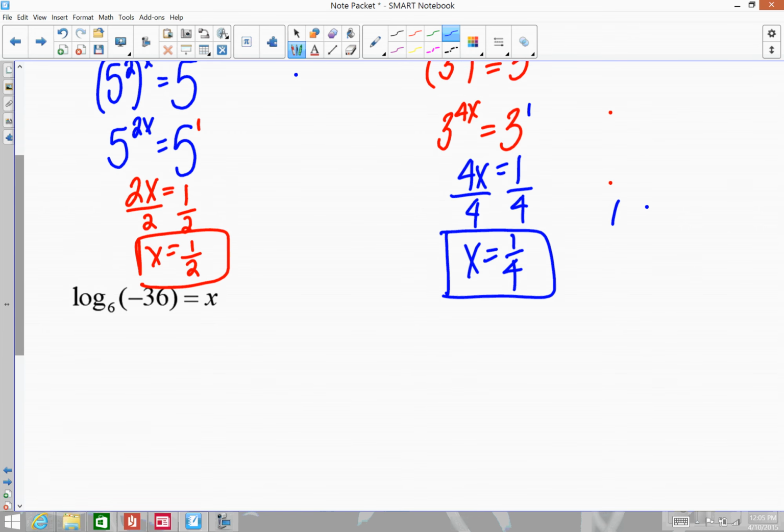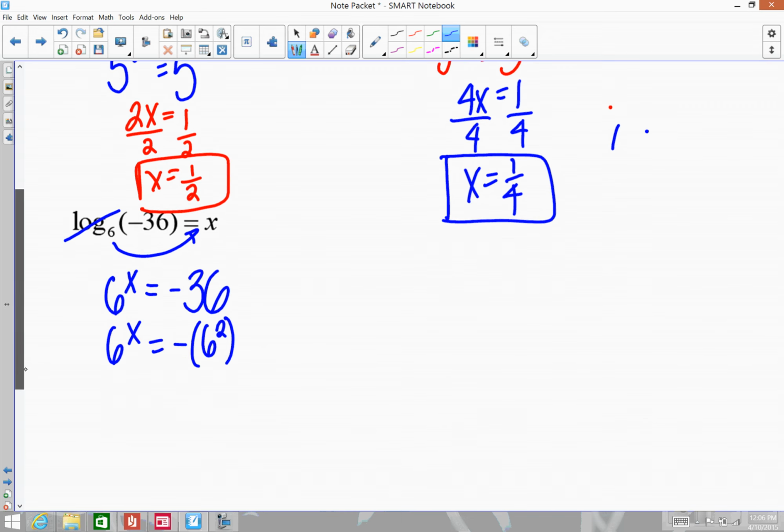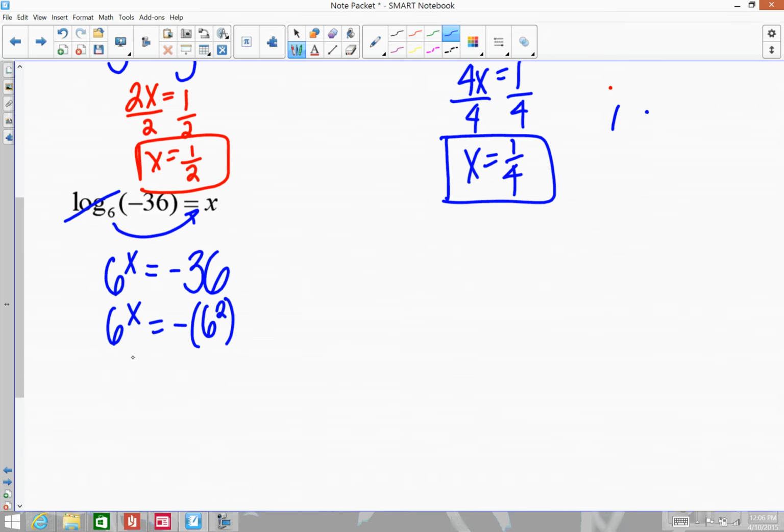And then this last one here, if we drop the log and swing the base, 6 raised to some power gives me negative 36. So basically, I can rewrite this as 6 squared. But then what's going to happen is you don't have the same base.